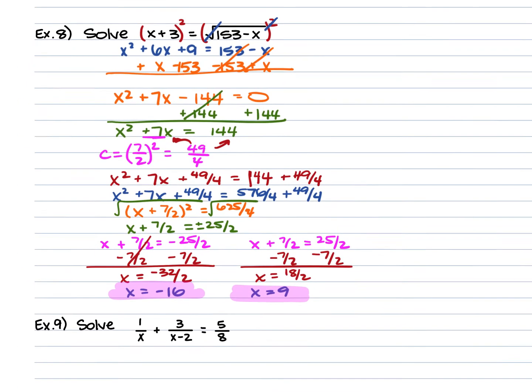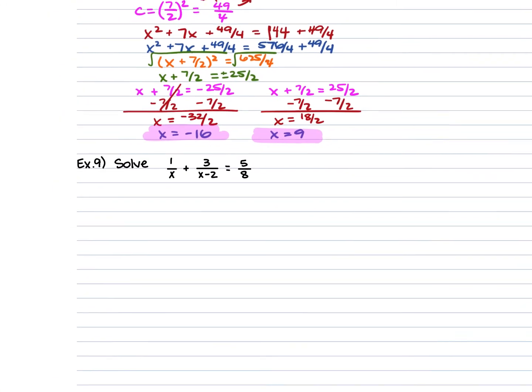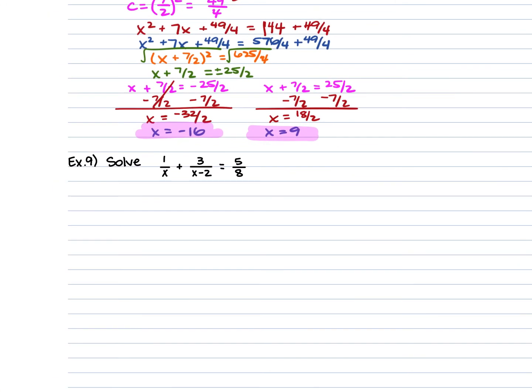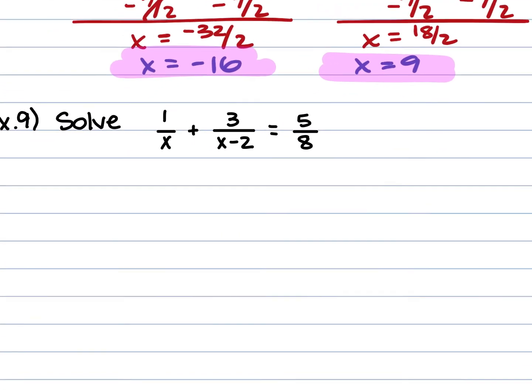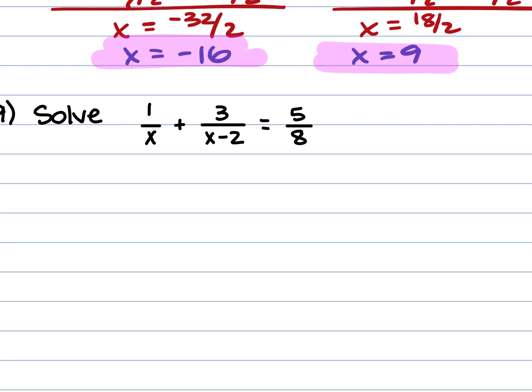For example 9, we have 1 over x plus 3 over x minus 2 is equal to 5 over 8. Now, I don't like working with fractions as much as you don't like working with fractions, so what I'm going to do is eliminate my fractions by multiplying the entire equation by my least common denominator. Our least common denominator here is 8x times x minus 2.